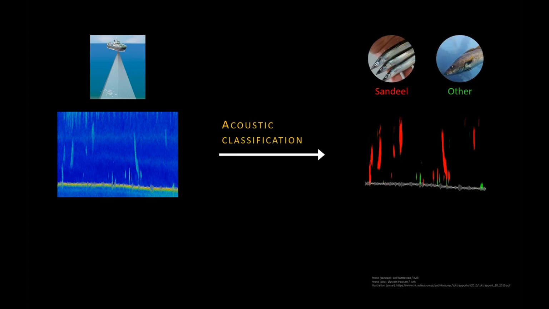Okay. So onto the acoustic classification step. The task is simply to classify each pixel as either background or a particular species of fish. Now, the traditional way this is done today is a manual process done by domain experts. This is time consuming, and I believe sometimes tedious work, and it's also subjective.